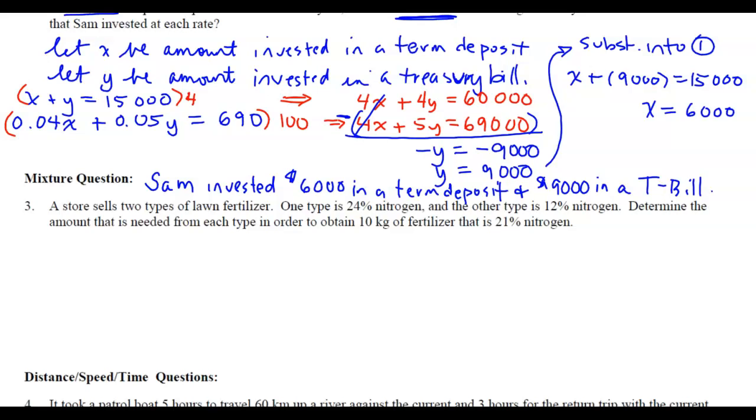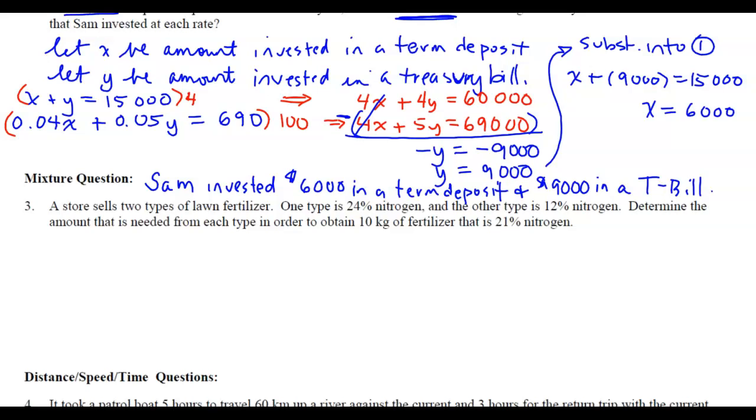Determine the amount that is needed from each type in order to obtain 10 kilograms of fertilizer that is 21%.